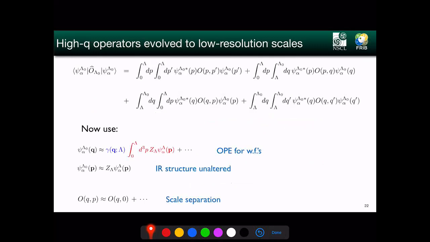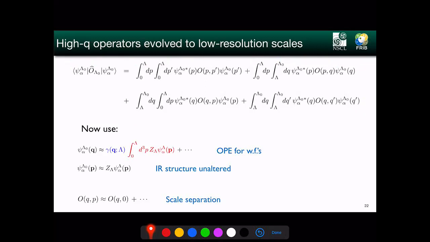And so you can make use of this construction to see how your operators evolve as you vary the resolution scale. So here's a schematic, again, just doing the simple two-body system for simplicity, where we break the momentum ranges into soft and hard, as indicated by lambda and lambda naught.